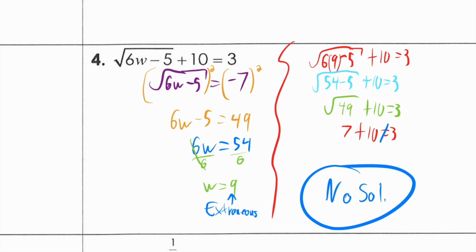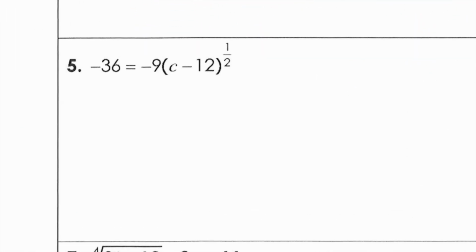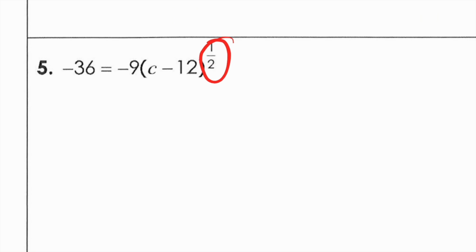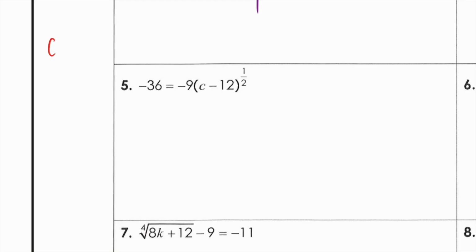Moving on to number 5. So here, we don't see a radical, but we see an exponent of 1/2. Well, you may remember that when you see something with an exponent of 1/2, in this case c minus 12, that it's the same exact thing as c minus 12 having a root of 2, the denominator, with an exponent of 1, the numerator.